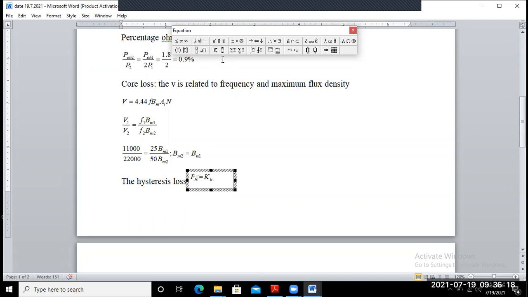So Kh, frequency and maximum flux density to the power x.